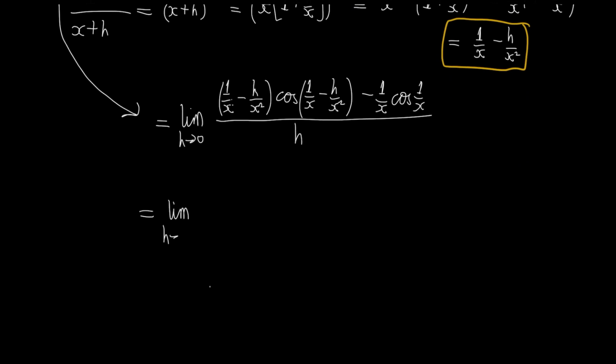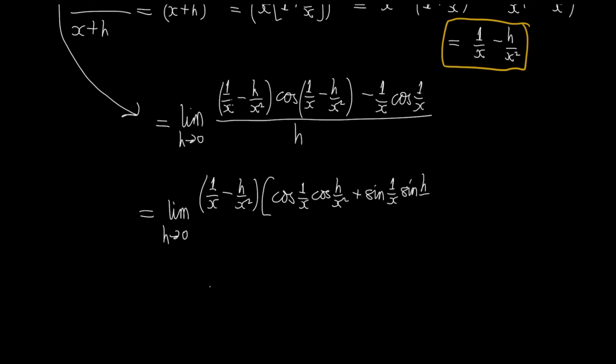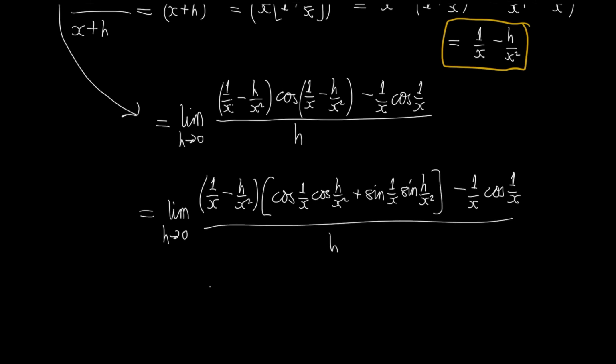We're basically just going to do a bunch of expansions here before we can start simplifying. So we'll leave this coefficient as it is. And then expanding it, we have cos 1 over x times cos h over x squared plus sine 1 over x times sine h over x squared. And then the rest, which is unchanged.